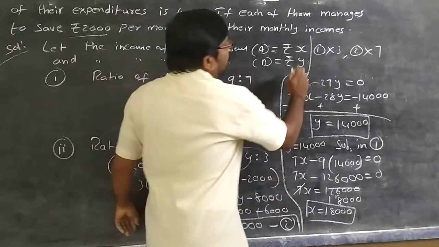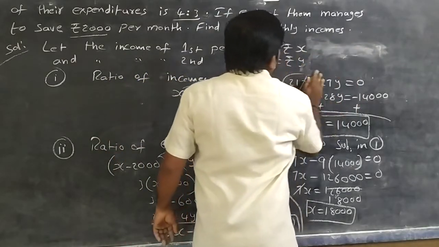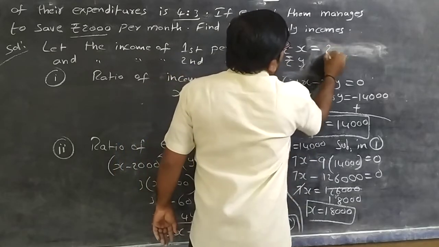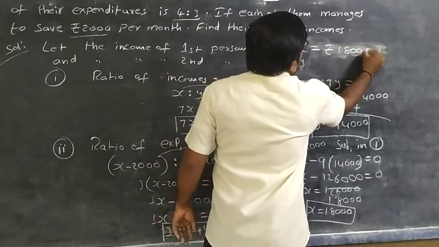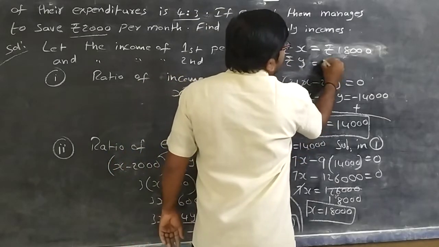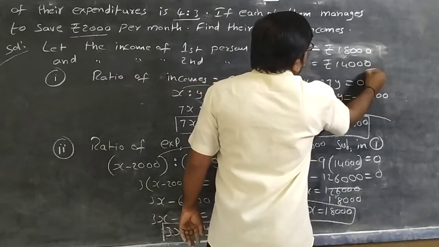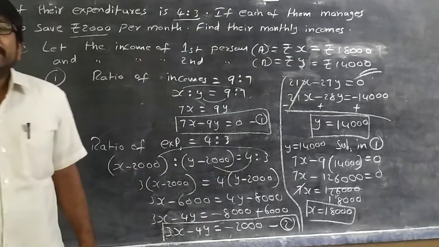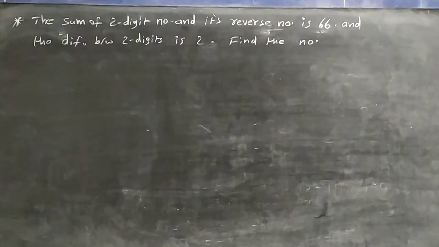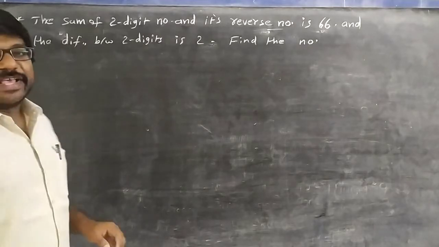So income of first person x is equal to rupees 18,000 and income of second person y is rupees 14,000, right? So this is the problem. Go for next problem.